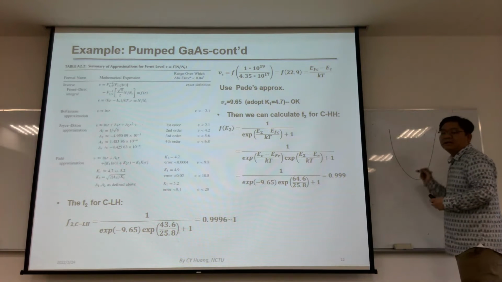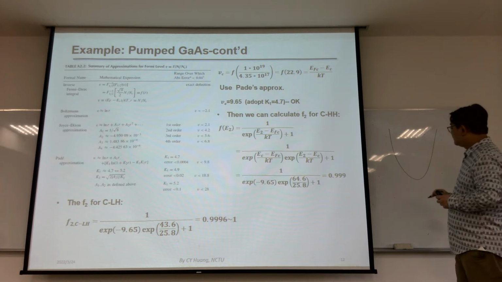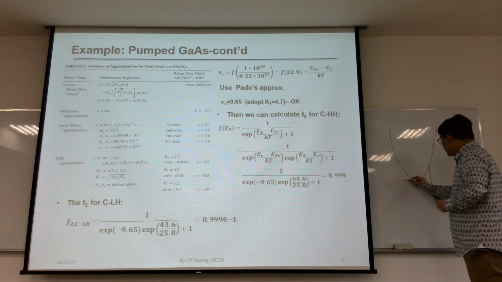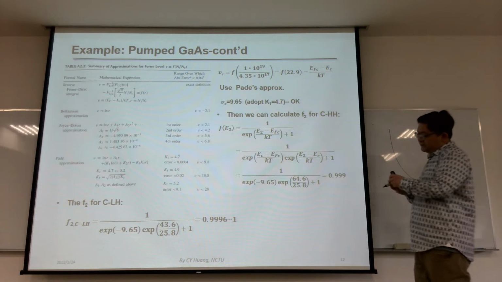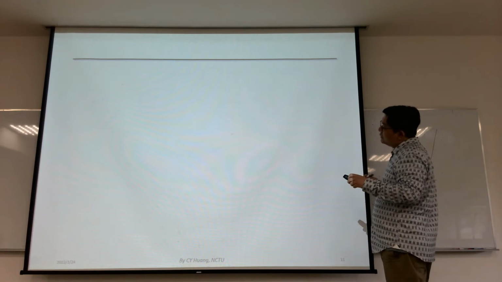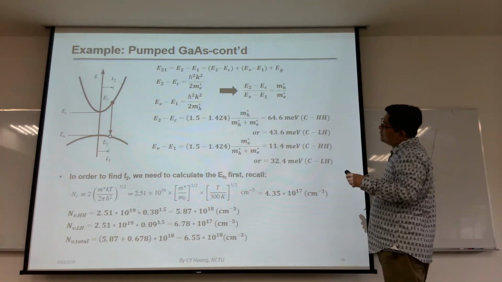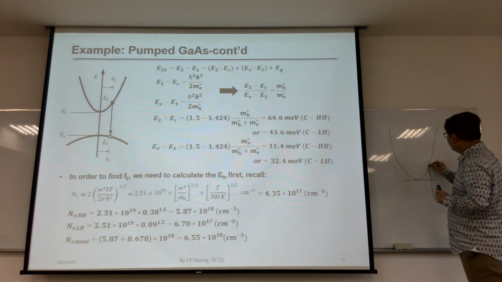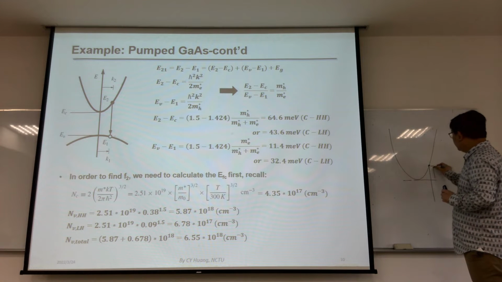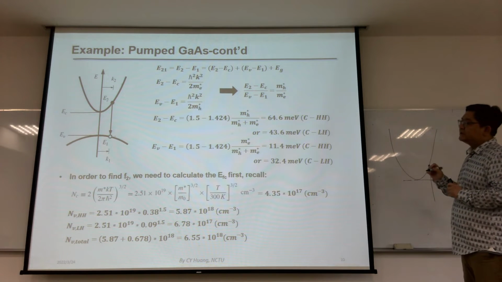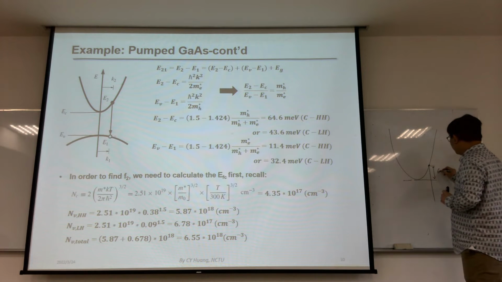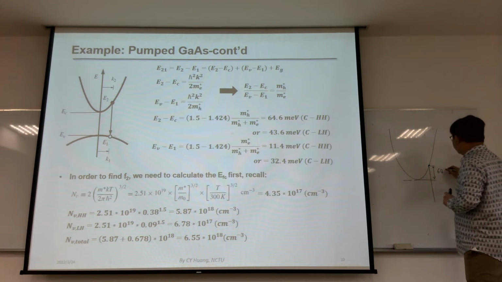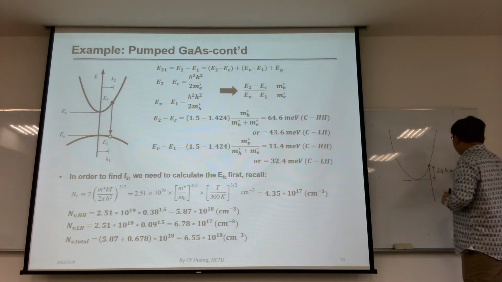Okay, let's take a closer look. For the heavy hole, the E2 is here, and its distance is 64.6 meV.